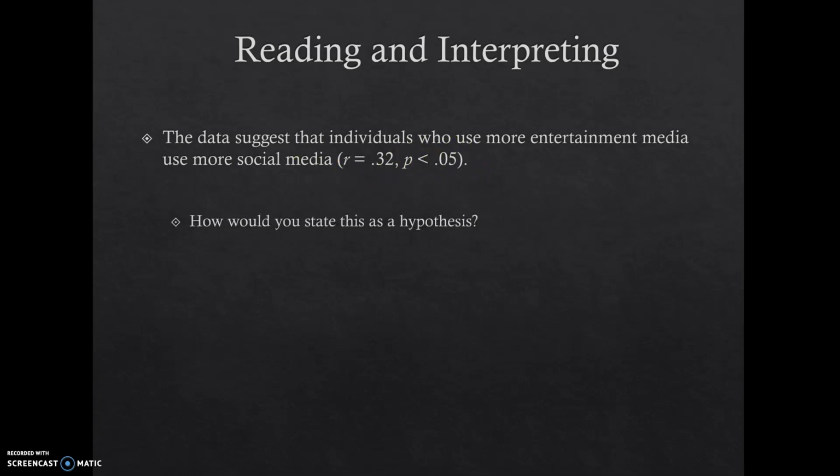So let's go a little bit backwards. Now you're looking at a correlation. How would you propose or state this as a hypothesis? What I would say is I would hypothesize that people who use more entertainment media would use more social media. That would be my assumption to begin with. So you see, with a hypothesis, you predict or assume one direction to be true. That's what we call a directional hypothesis.